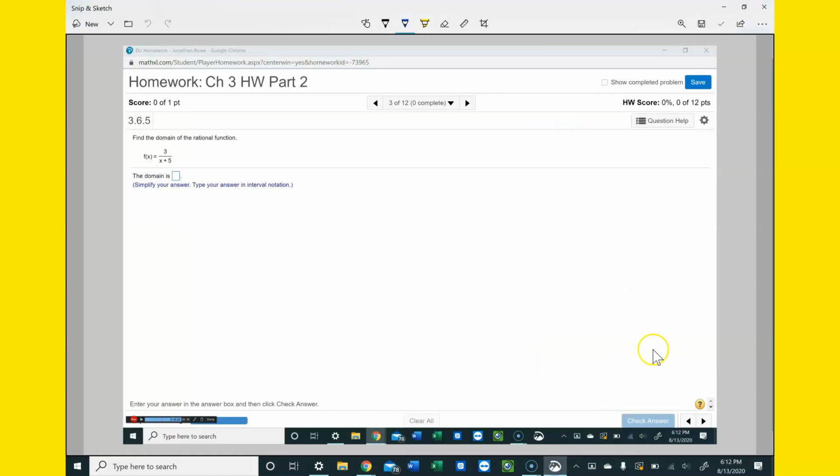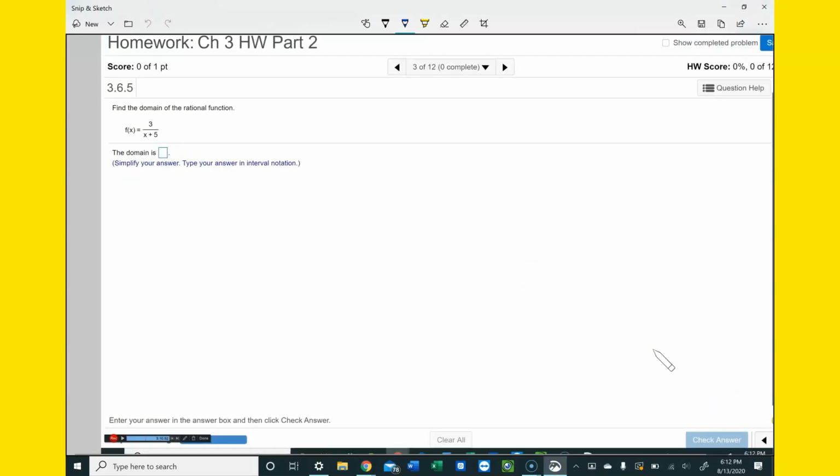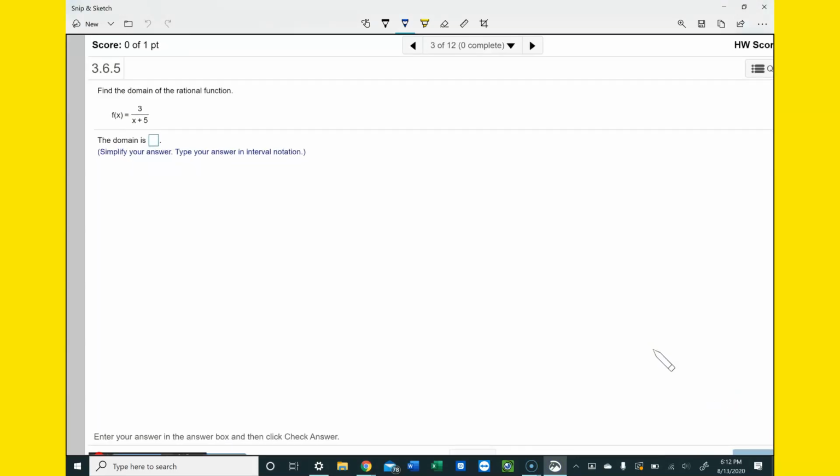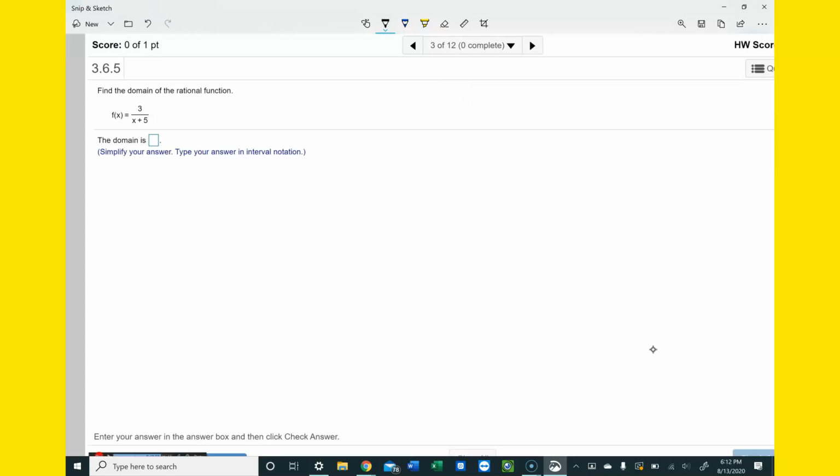All right. So next question. Find the domain of the rational function. The domain, remember, is anything that can go in for x. Well, there's one thing that could make a rational function get strange, and that is if you have a zero on the bottom. You can't divide by zero. We talked about that in class the other day.